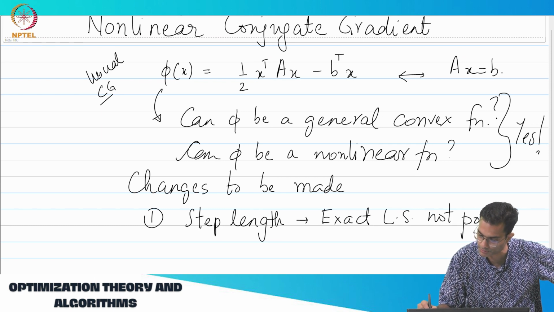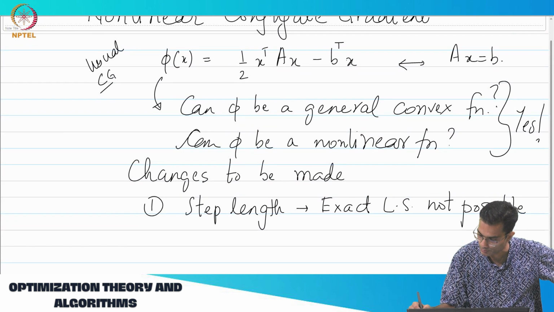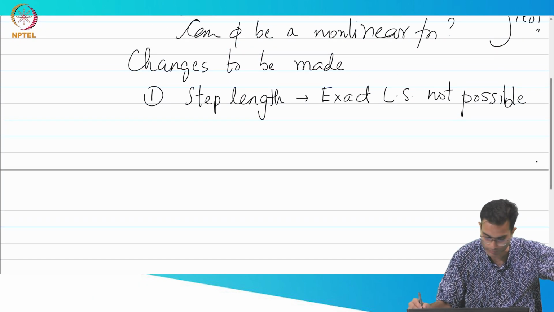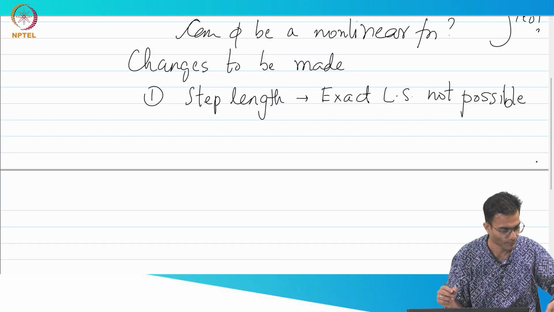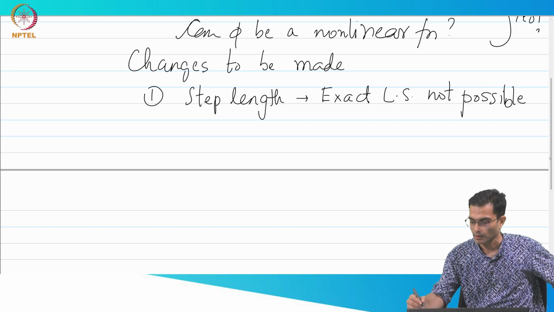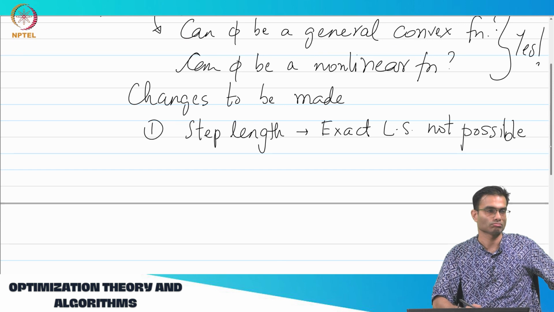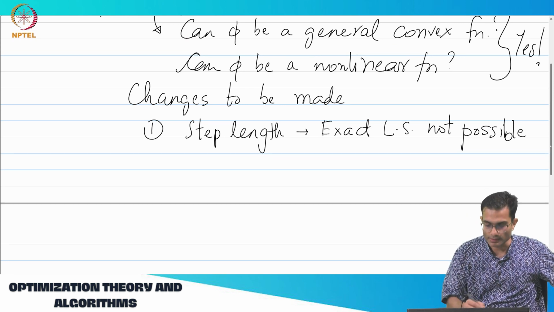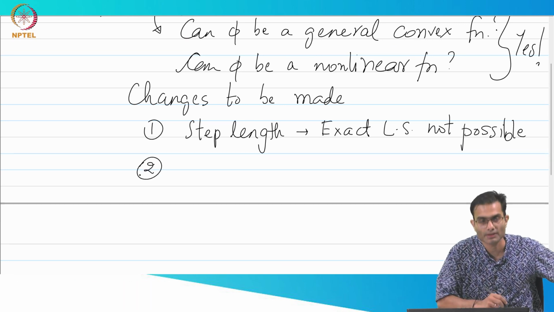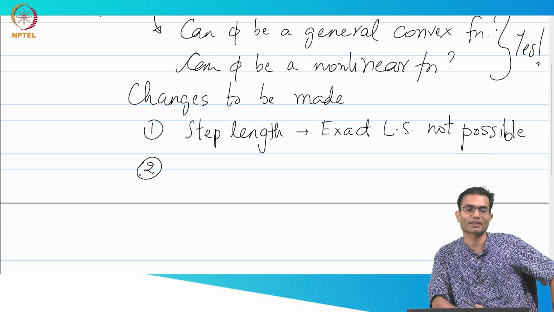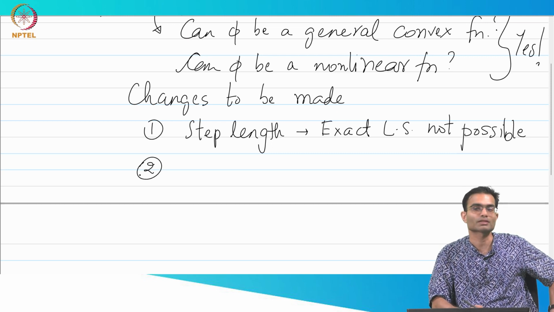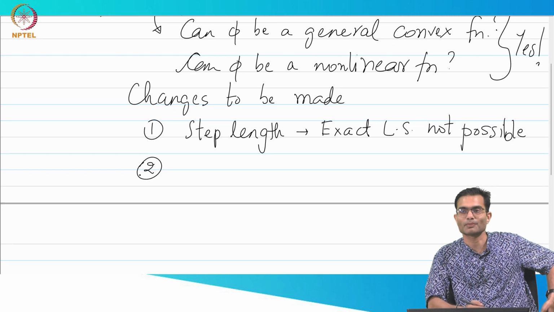So I have to give up something. The other small modification that I will have to make is, remember the expression for the residual. The residual was what? Ax minus b.